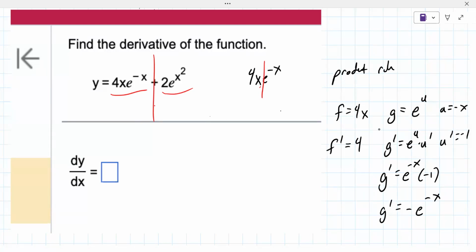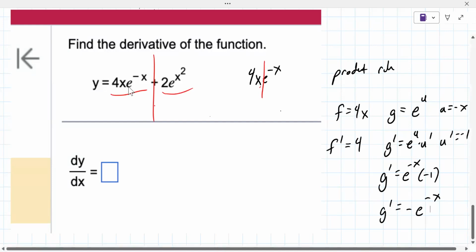Okay, that makes sense. So now for just this first one, the derivative is f g prime plus f prime g, or some variation on that.